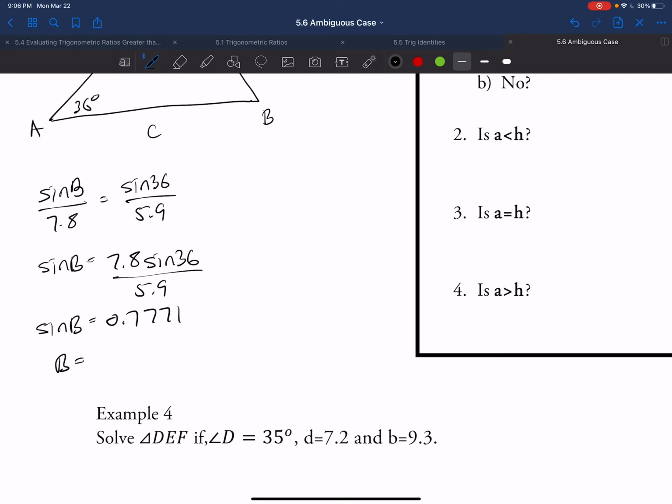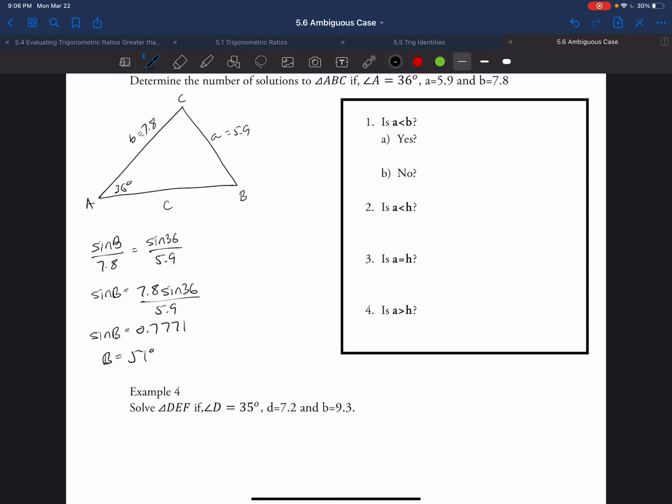Angle B, we do sine inverse. 51 degrees. So 51 degrees, or angle B can be 129.